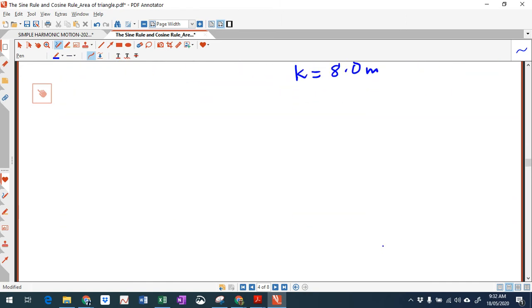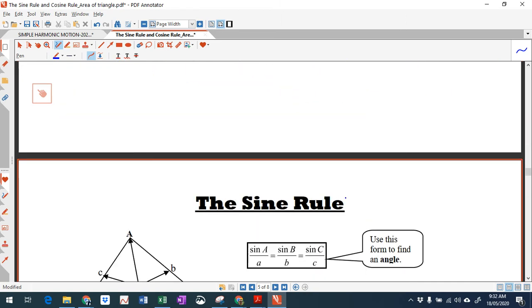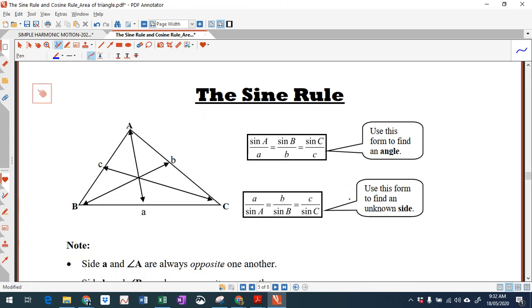Okay, next question. The sine rule. There are two forms of the sine rule. We use this form if we're finding an angle, and this form if we're finding a side. Just remember that angle A is opposite side A, angle B is opposite side B, and so on.